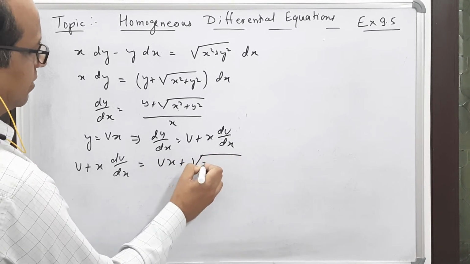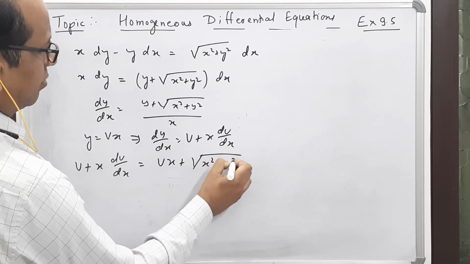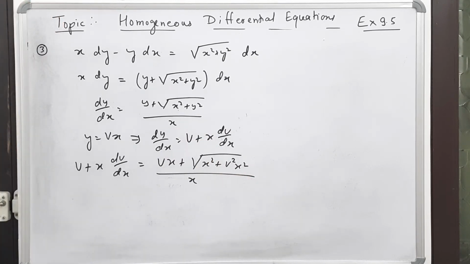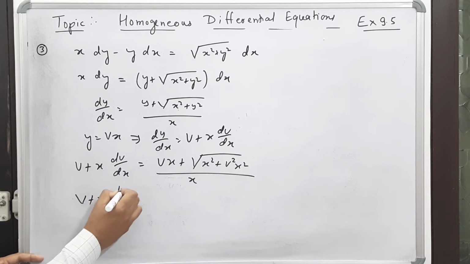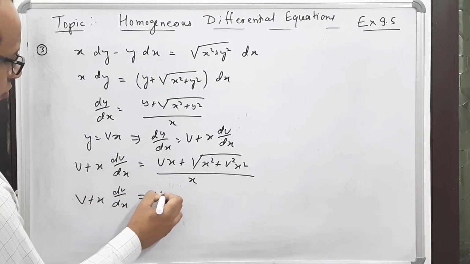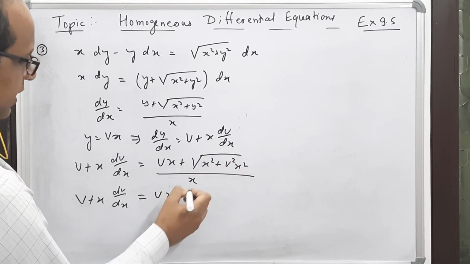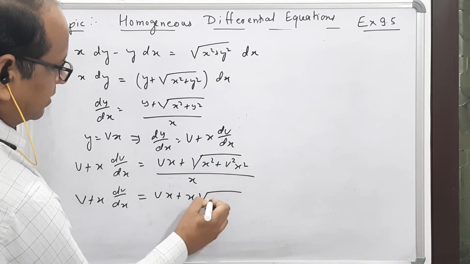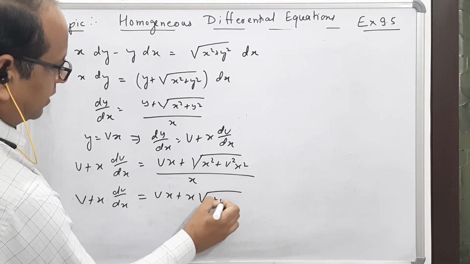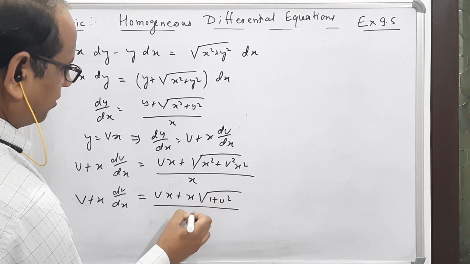And in the bracket, x square v square x square upon x. Now it is v plus x dv by dx equals vx plus, you take x square common, so it will be x, and this part will be 1 plus v square upon x.